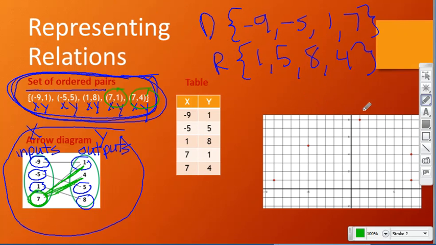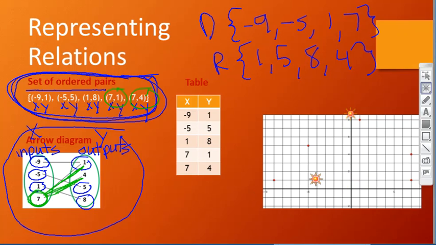We already listed the domain for this relation. Let's go ahead and look at the table. The table is just another way to represent this relation or this set of ordered pairs. We can see in our table we have -9, 1, -5, 5, 1, 8, 7, 1, and 7, 4. And then another way to represent this relation is to actually graph the relation, to plot the points for each of these ordered pairs.